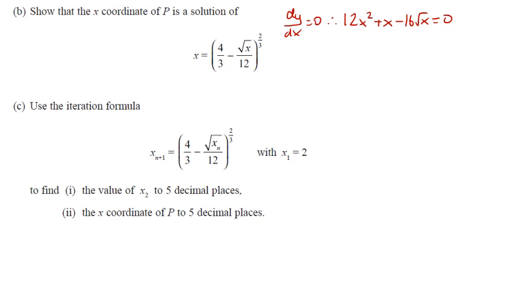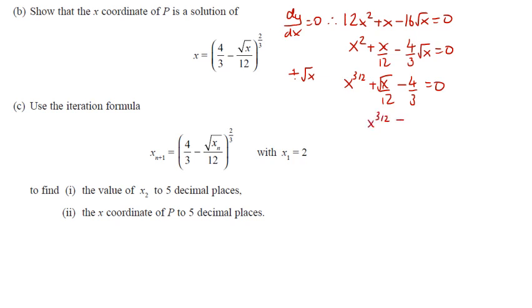So what I'll do is I'll divide by 12. 16 over 12 is the same as 4 over 3. So that's looking similar to what I need, but I've got x over 12. I want root x, so I need to divide everything by root x. So I'll get x to the power of 3 over 2 plus root x over 12 minus 4/3 equals 0.